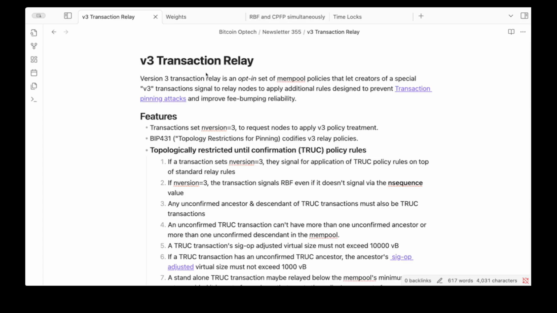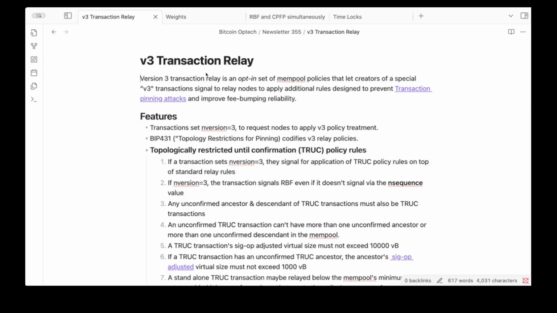Version 3 transactions are a set of opt-in mempool policies. They apply a special set of rules on top of existing mempool policies. These are brought in to mitigate transaction pinning attacks.